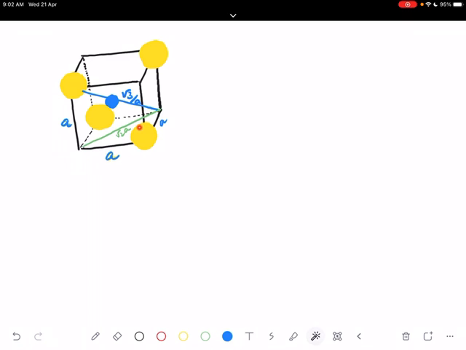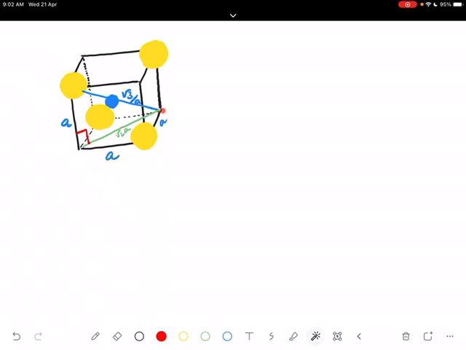Now consider another Pythagoras triangle, with this 90 degree angle: the green line, blue line, and the black line.